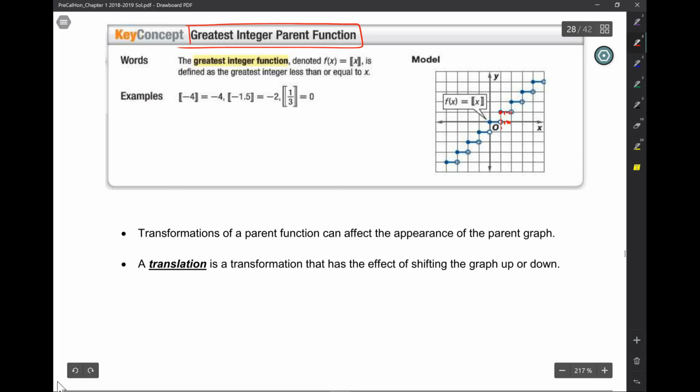For the whole time that x was from 1 to 1.999, y is 1. What happens when x is 2? y is 2. And then for the whole duration that x is in the 2s, y is 2. So it's always the greatest integer right below it. So it's written like this.